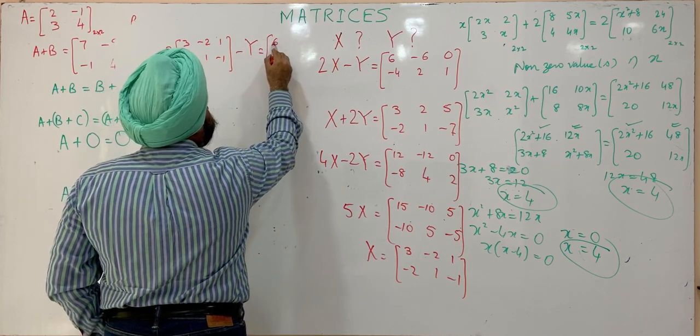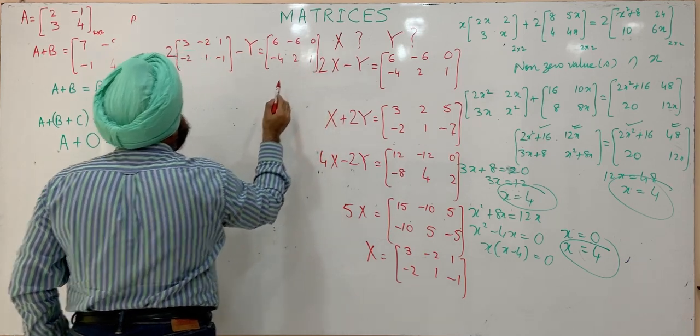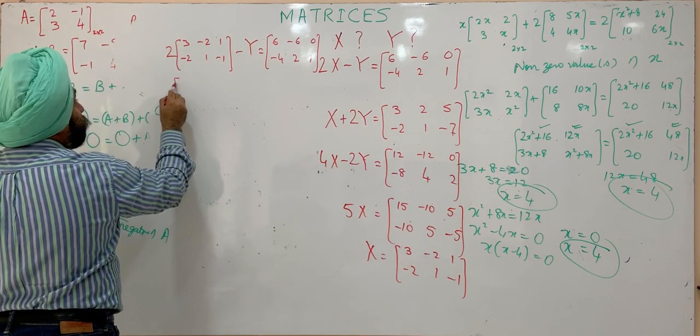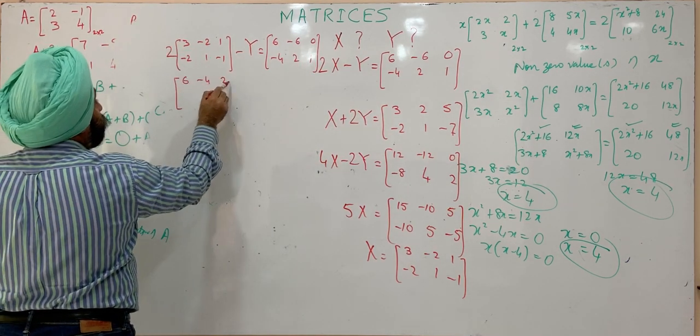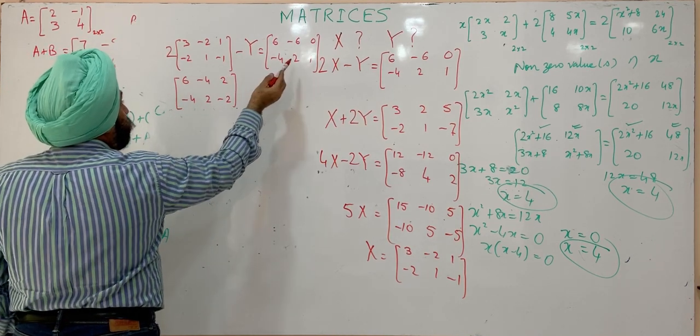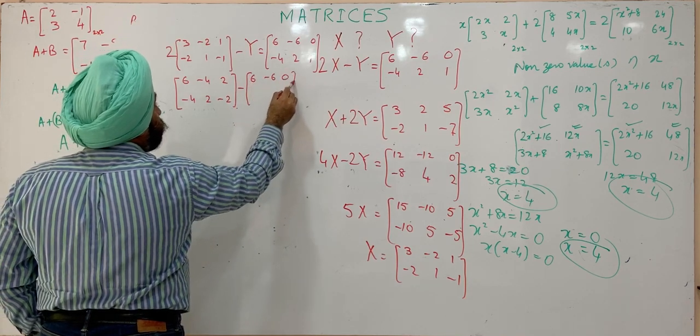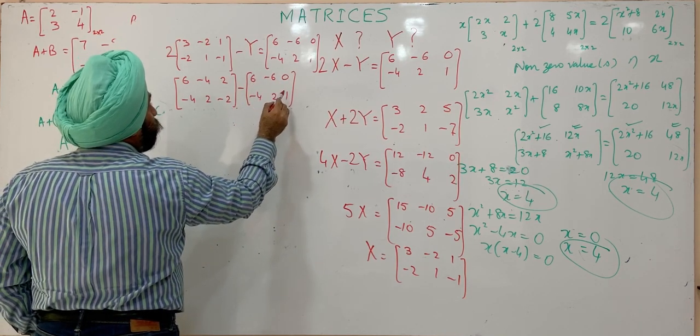This is equal to 6, minus 6 and this is 0. This is 6, minus 4, 2, minus 4, 2, minus 2. And bring this to this side. This is 6, minus 6, 0, minus 4, 2 and 1.